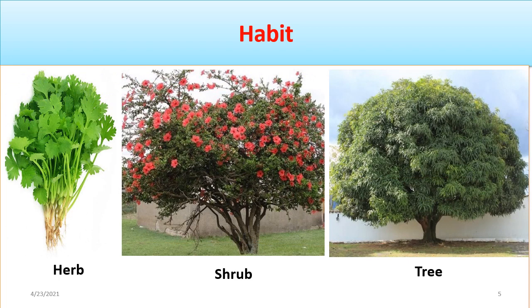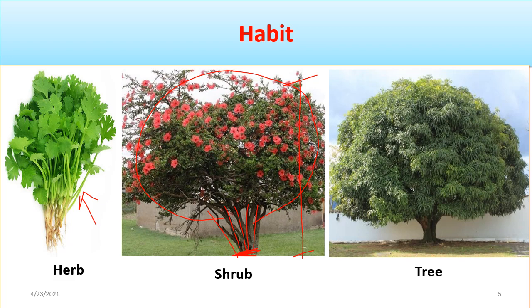You can see examples. Herb, where the plant is without permanent woody stem. Here you can see the height of this plant is relatively less, and here you can see multiple stems arising from the ground level, and stature of this is relatively less.